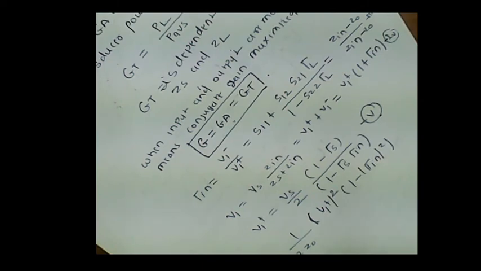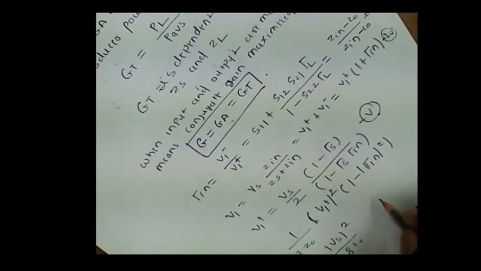So P in is equal to Vs square over 8Z naught, times 1 minus gamma s square, divided by the whole square of 1 minus gamma s into gamma in, times 1 minus gamma in square.